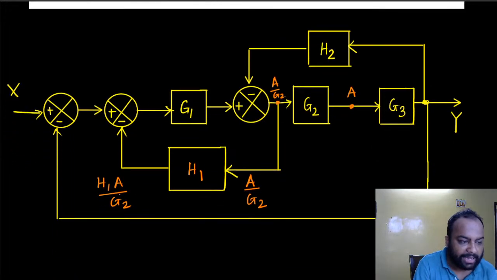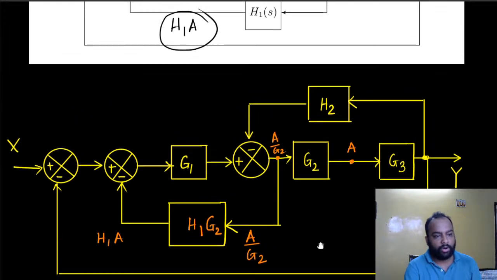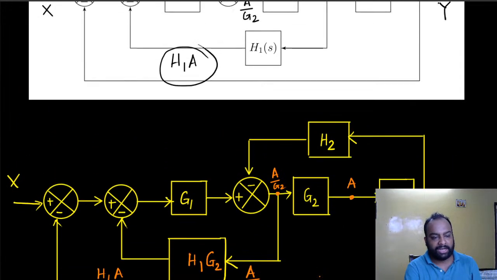How can I turn this signal into H1A? I can do it by writing a G2 here. If I write a G2 here, then H1 G2 gets multiplied with A by G2 and gives me H1A. Now, no longer is the input-output relationship violated.